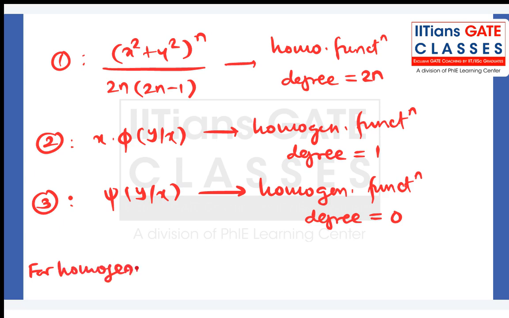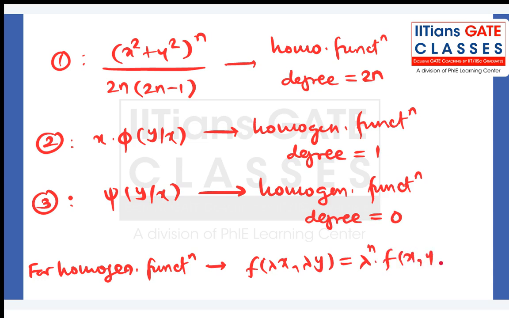For a homogeneous function, you can write f of lambda x and lambda y equal to lambda power n into f of x comma y. Okay, and this n is the degree of your homogeneous function. Okay, so do that exercise for all these 3 functions and you'll get the same answers. Okay, so this is one of the toughest questions that I've seen in your quizzes so far, because first of all, it's a rarely asked question.